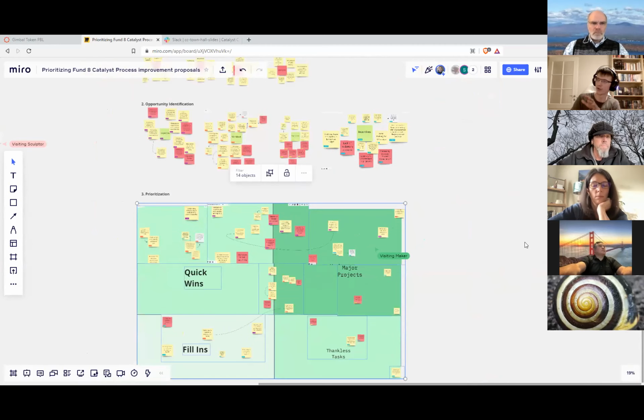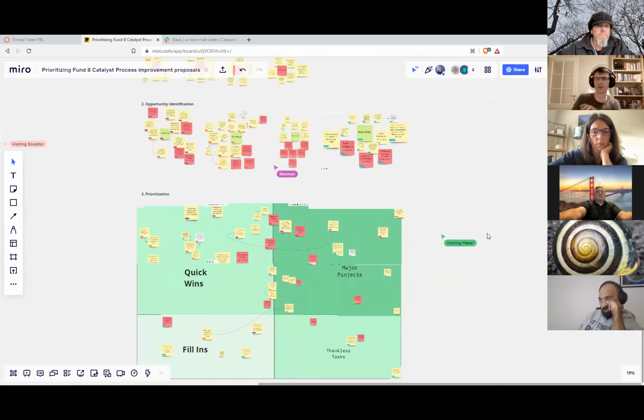Why it's all pictures and not sticky notes is because the Miro board is locked and I couldn't copy paste it, so I just made pictures and compiled it here.